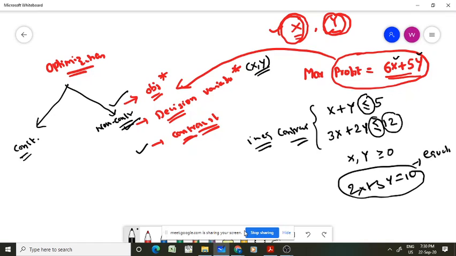Then it is called constrained optimization. If only the objective function and decision variables are available, without any constraint, since objective function and decision variables are mandatory, then it is called non-constrained optimization.